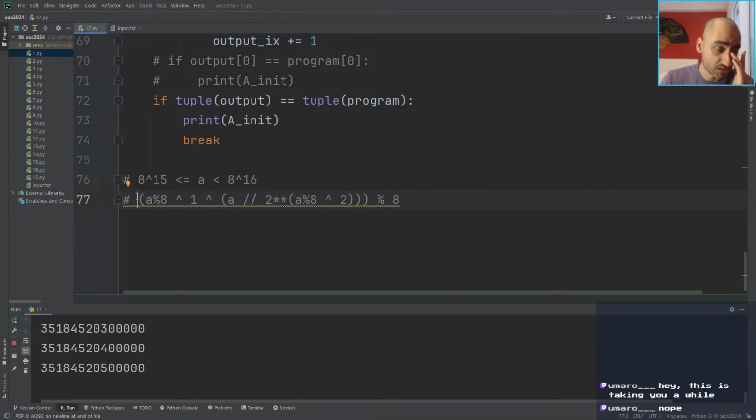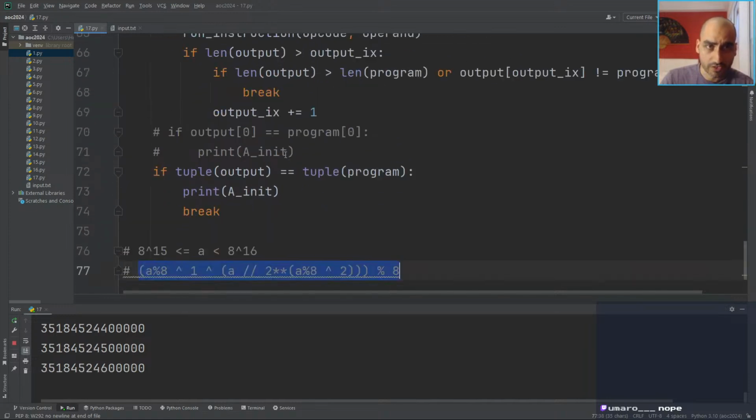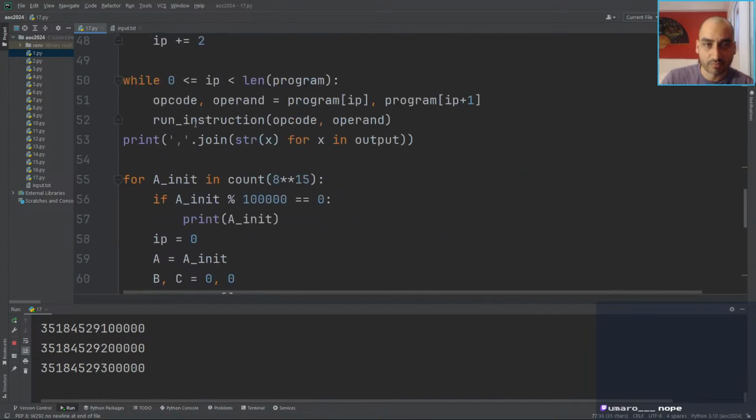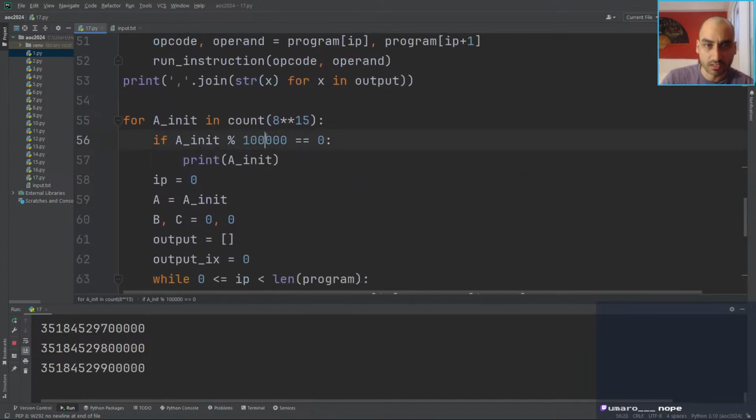Is it not just... we want to compute that formula... Alright, let's try... It's just that. But it's the same complexity as just running the program, isn't it? We're not doing anything crazy.